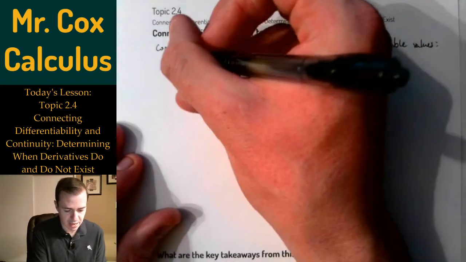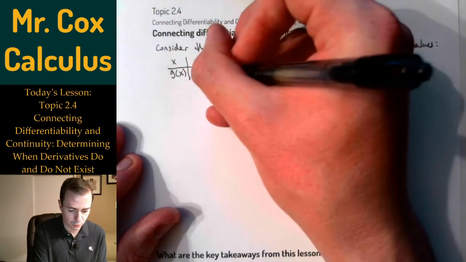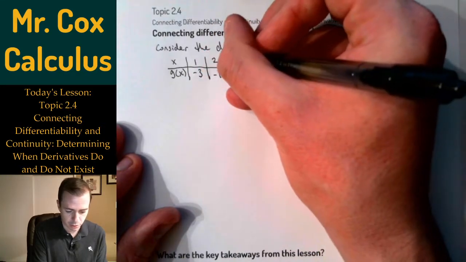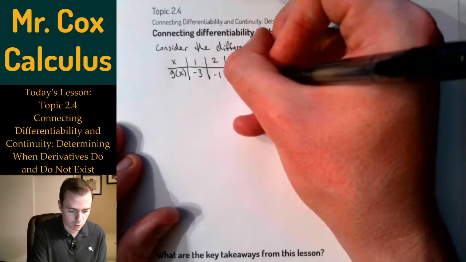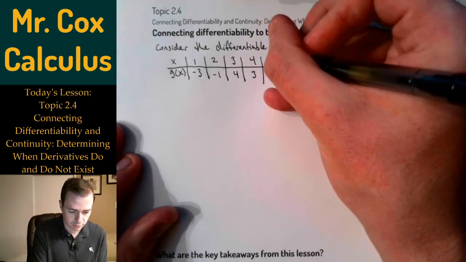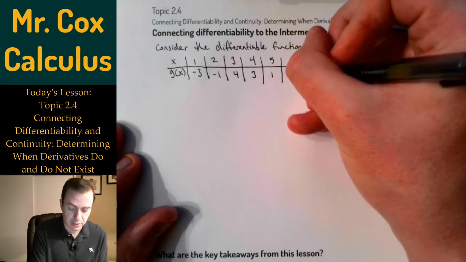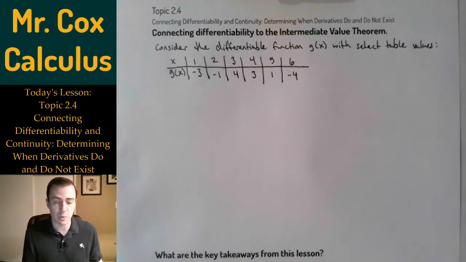And the values we're going to have are 1, -3, 2, -1, 3, 4, 4, 3, 5, 1, and 6, -4. So that's what we've got right now.